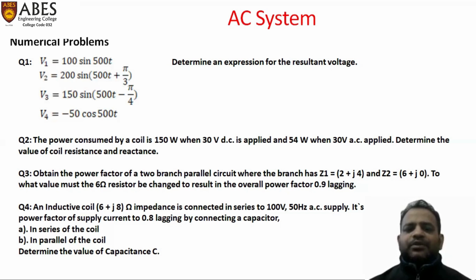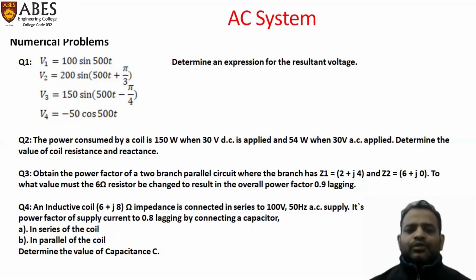In question number 2, there are two impedances, Z1 and Z2, in a series parallel circuit, and we are finding the resistance to be inserted in Z2 in order to change the power factor. So this is a power factor improvement problem.